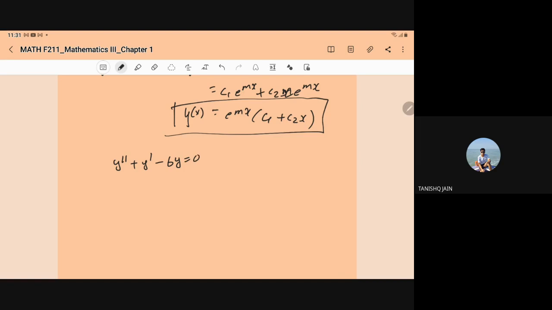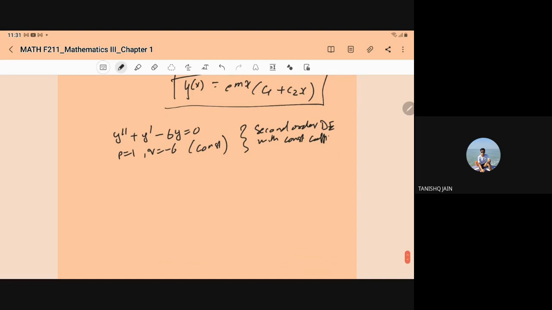In this case, you can see that small p is equal to 1 and small q is equal to minus 6. Both are constants. So you can say it is a second order differential equation with constant coefficients.